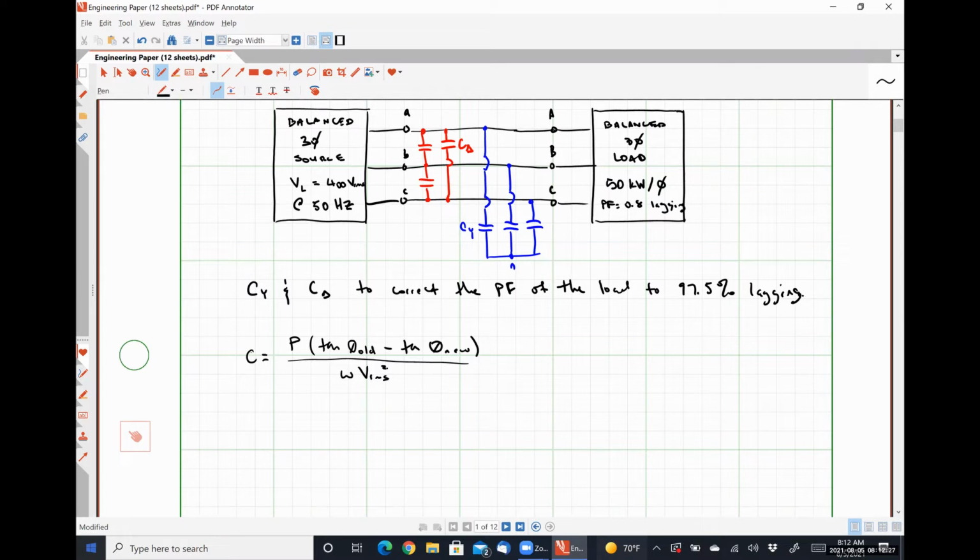Which of these quantities do we know? So I'm going to call this C delta here.